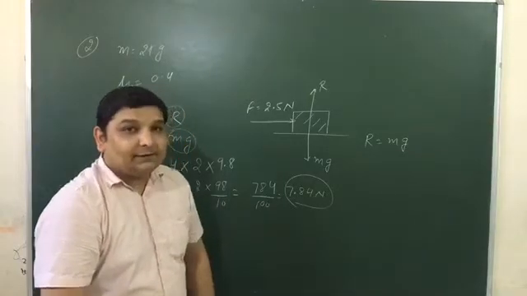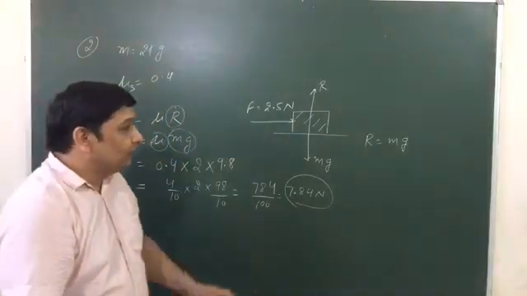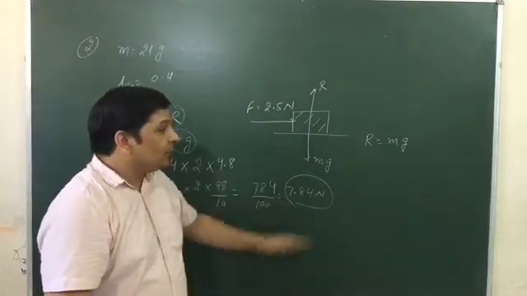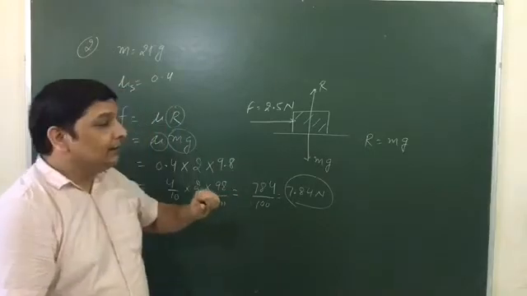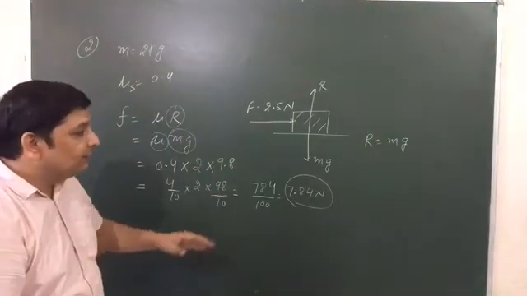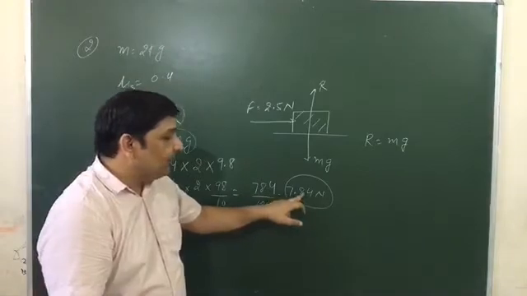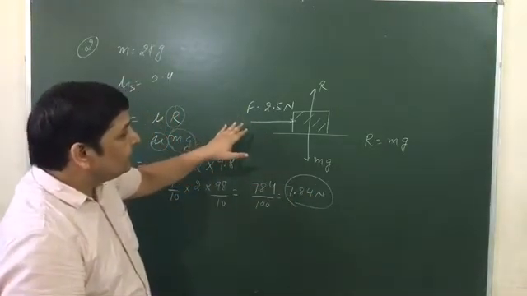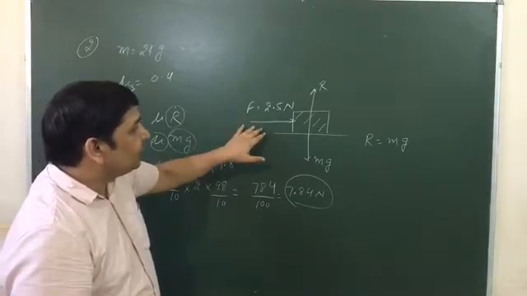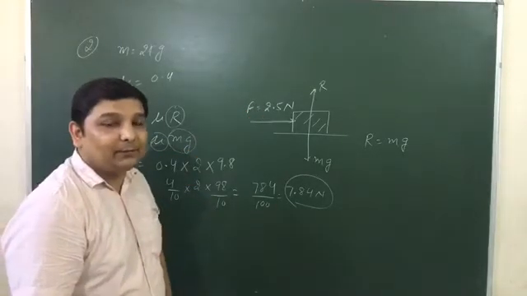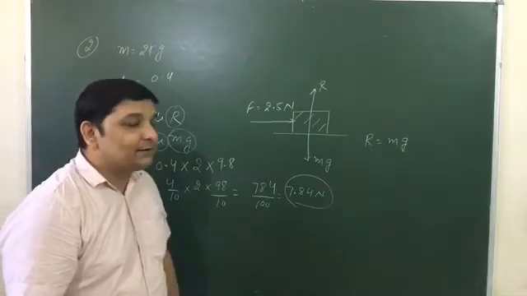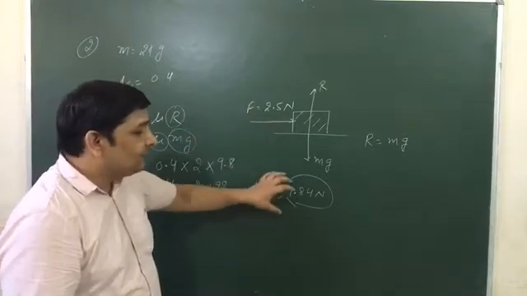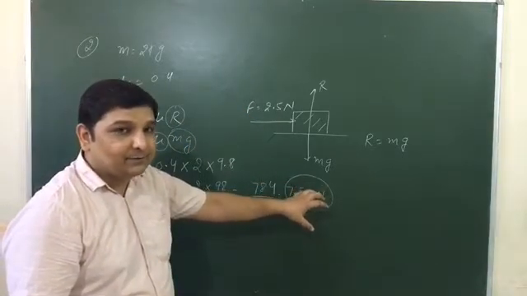We know that if we want to move the object from one place to another on this surface, then the minimum force required will be equal to 7.84 Newton. But in this case, the force applied on the object is 2.5 Newton. It means the object does not move, because applied force is less than force of limiting friction.